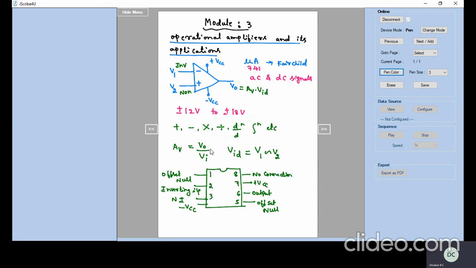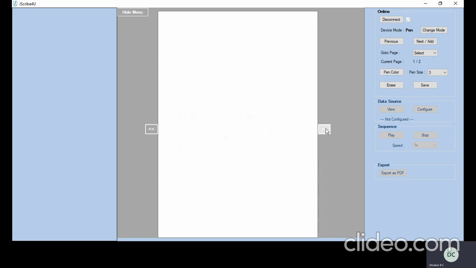Now, the next topic is the block diagram of an operational amplifier. Basically, it consists of 4 blocks. The first one is the input stage.